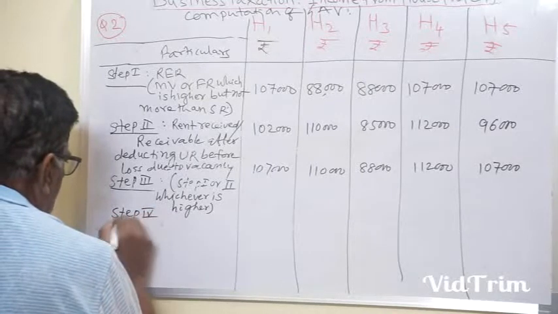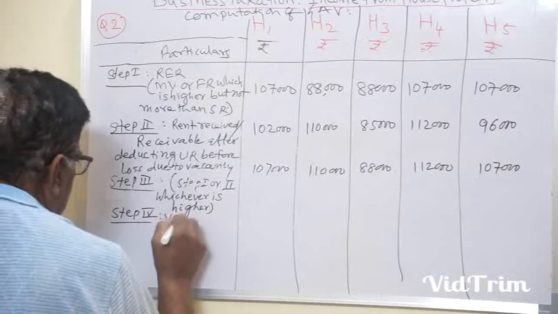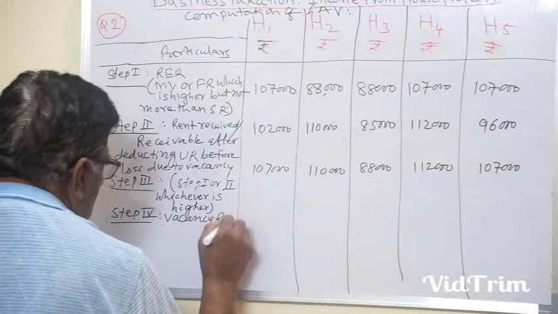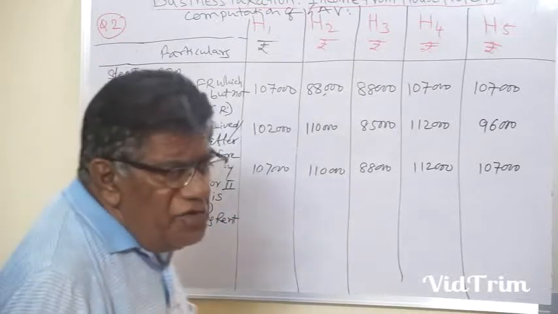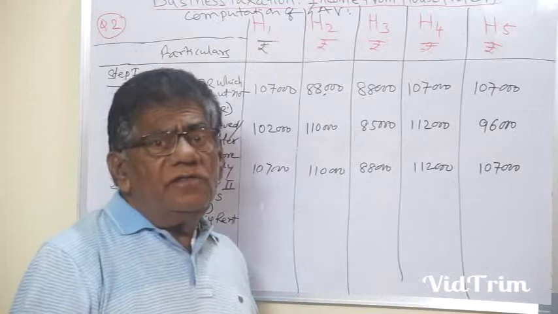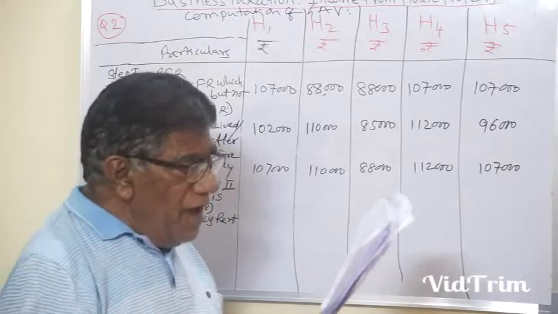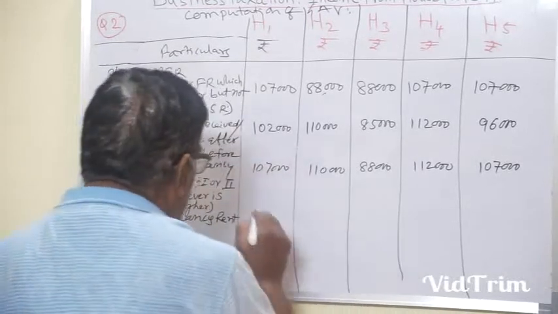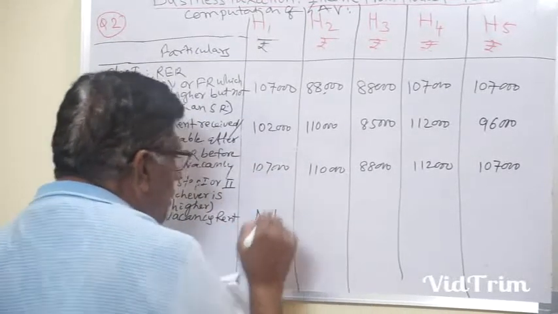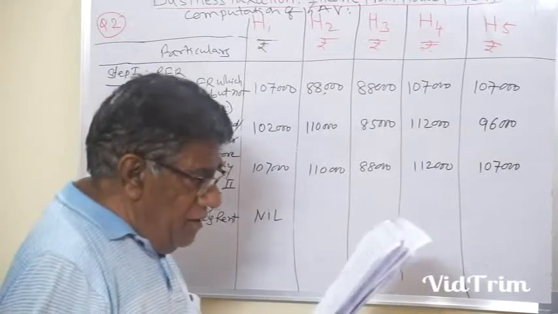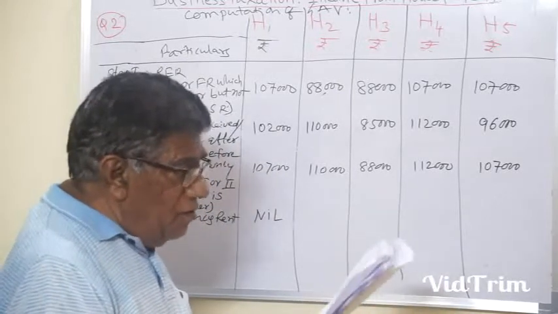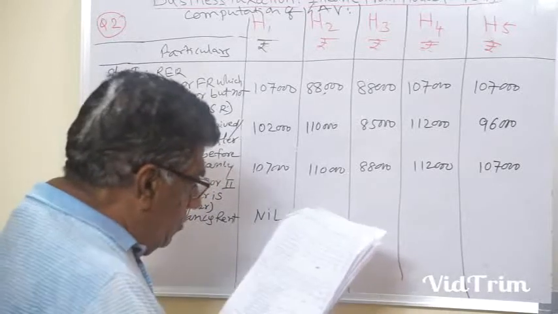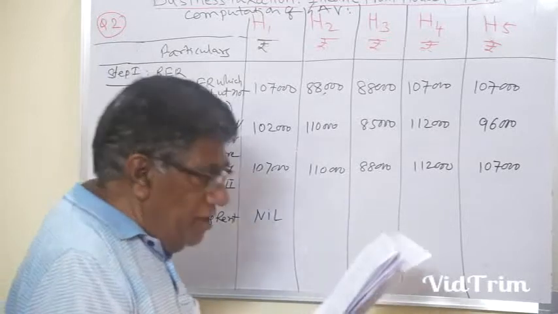Step number 4 is related to vacancy period rent. Here in the problem we have to calculate the vacancy period rent, because the vacancy period is given in months. For house number 1 there is no problem, because the house is not vacant. In case of the second, 2 months is given. So 2 months' rent should be calculated.